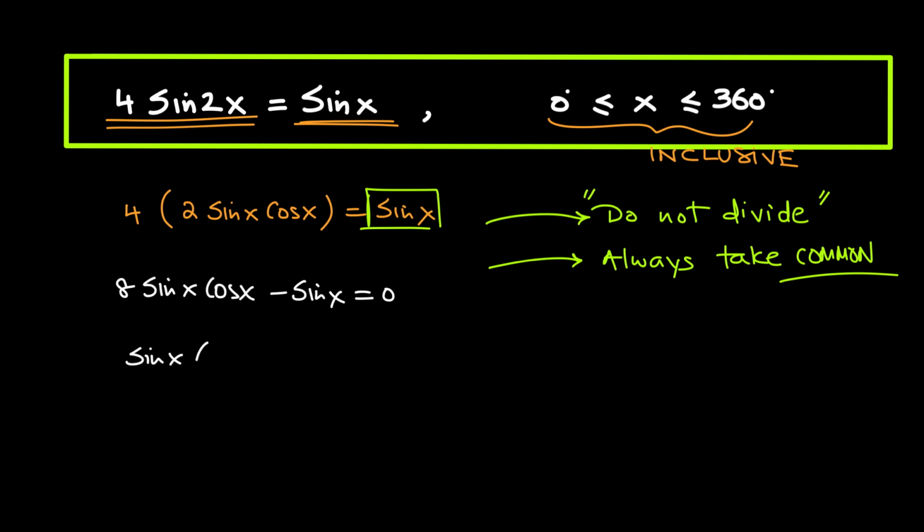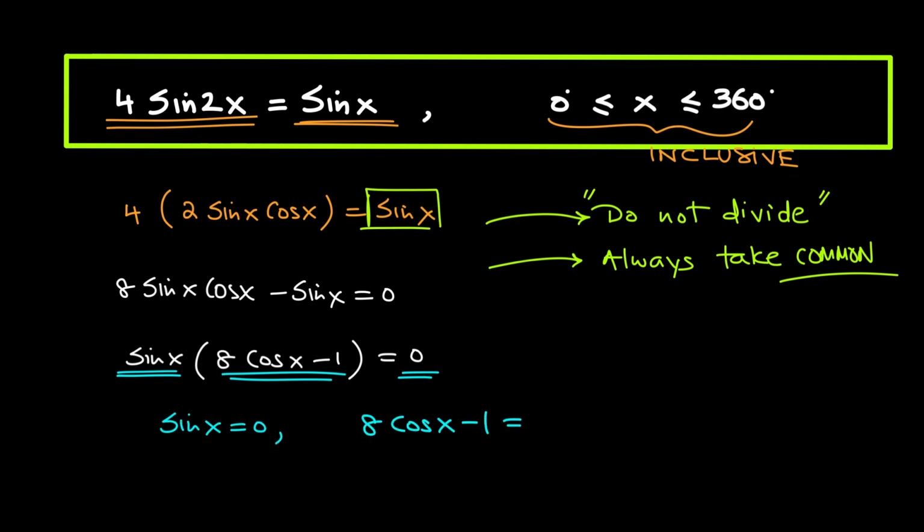Sine x common, 8 cosine x minus 1 equals 0. Equate each term to 0. So sine x equals 0, or 8 cosine x minus 1 equals 0, so 8 cosine x equals 1. In other words, cosine x equals 1 over 8.